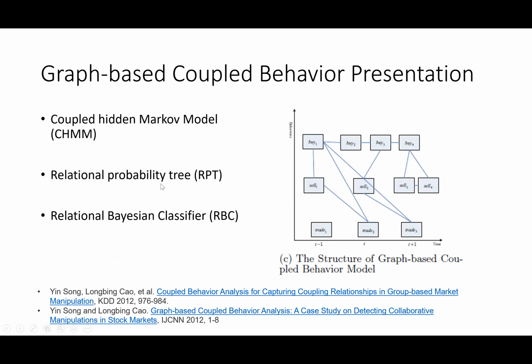And then we can also build a relational probability tree or other statistical or probabilistic models, like a relational Bayesian classifier, to model the trade, sell, and buy.